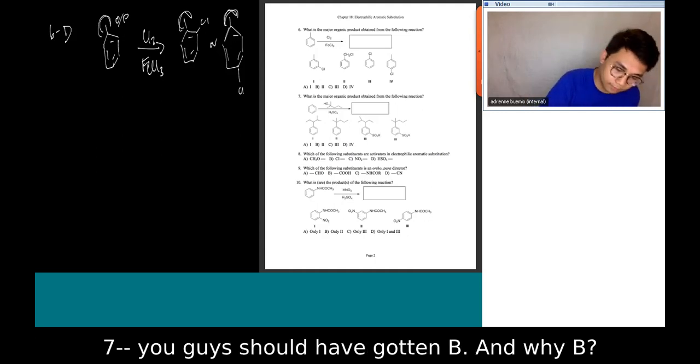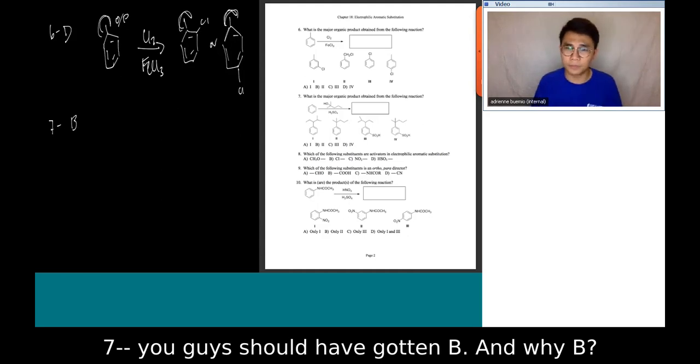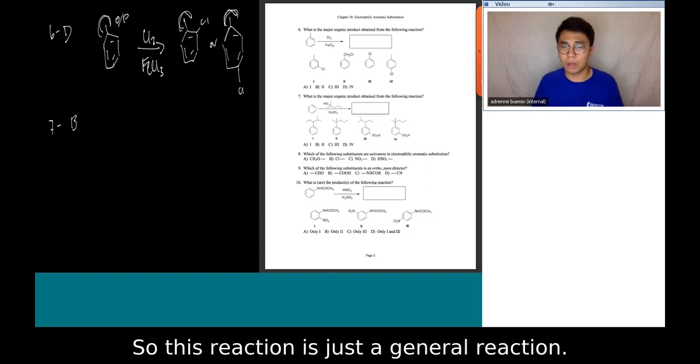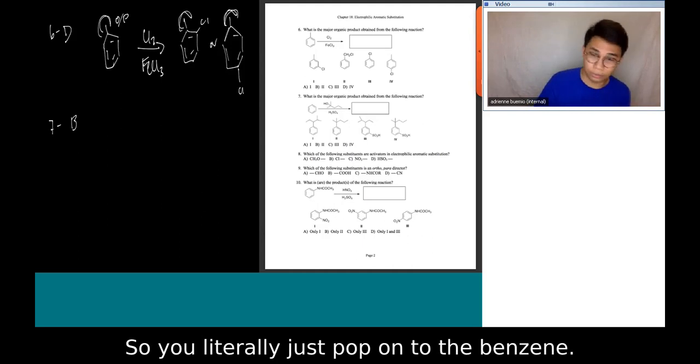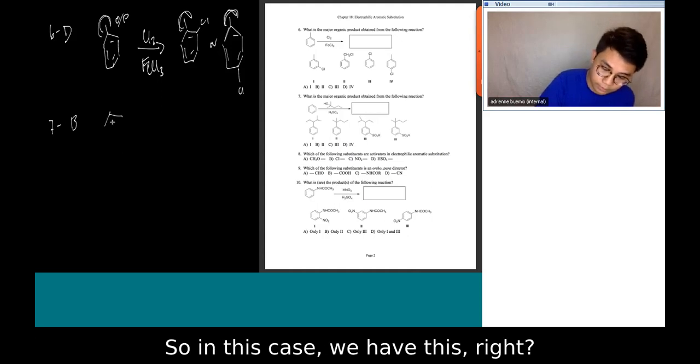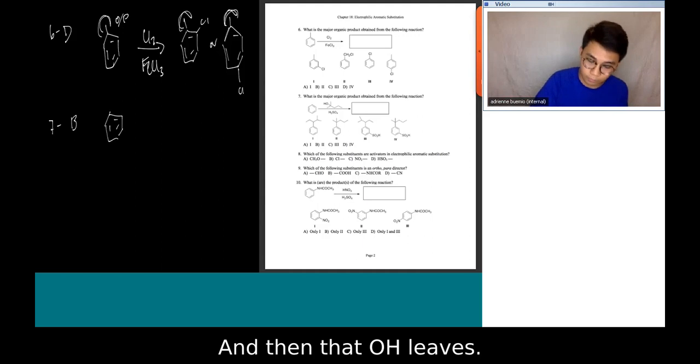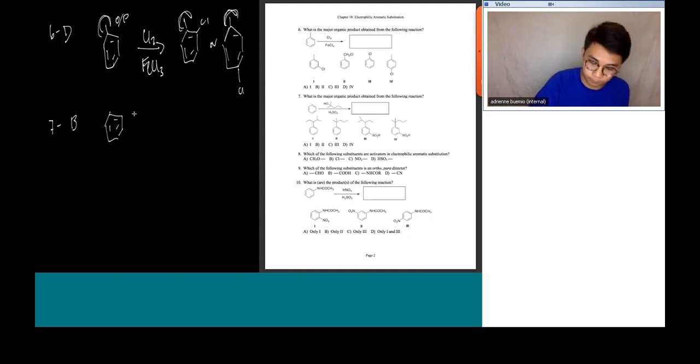Okay, 7, you guys should have gotten B. And why B? So this reaction is just a general addition reaction, right? So you literally just pop onto the benzene. In this case, we have this, and then that OH leaves.